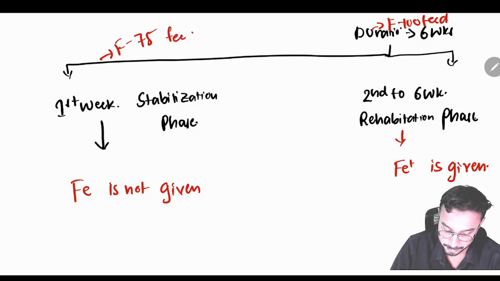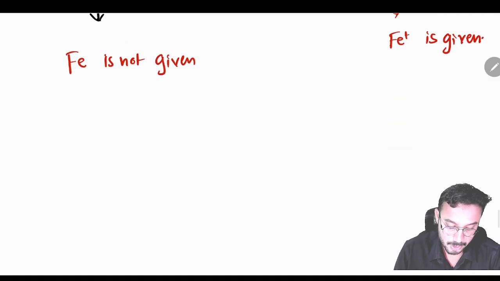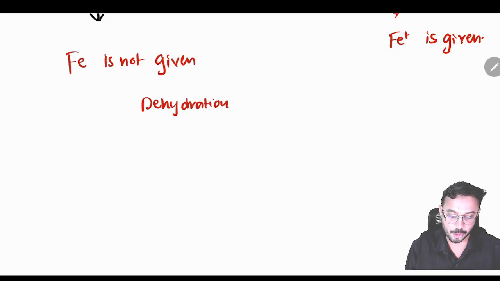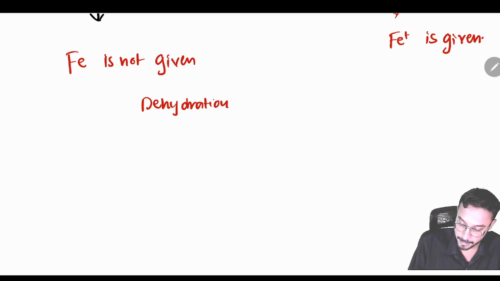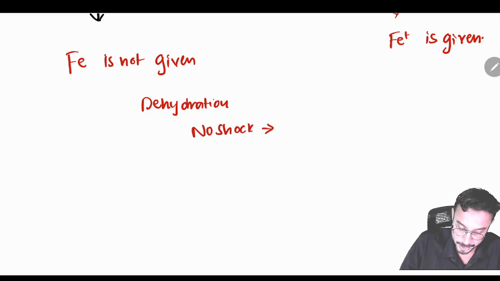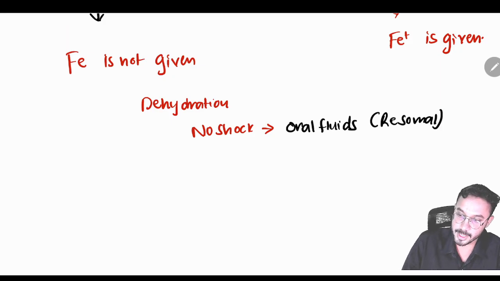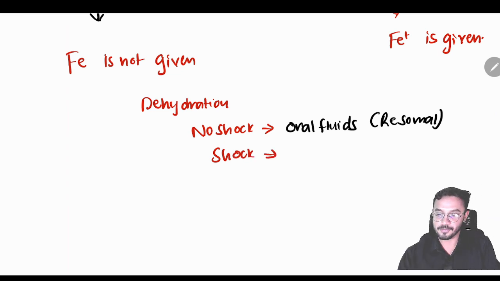Here, F100 feed. What are you going to give if the child is dehydrated? Look at whether shock is present or not. If the child is having no shock, you can give oral fluids like ReSoMal. And if the child is having shock, what are you going to give? IV fluids.